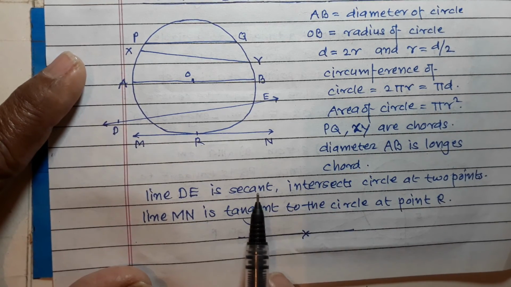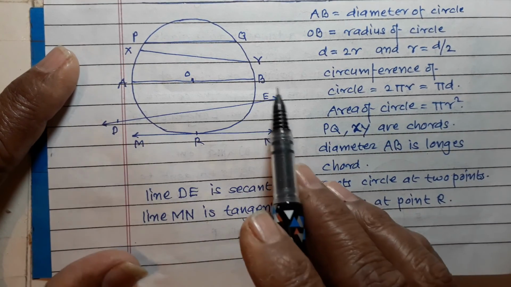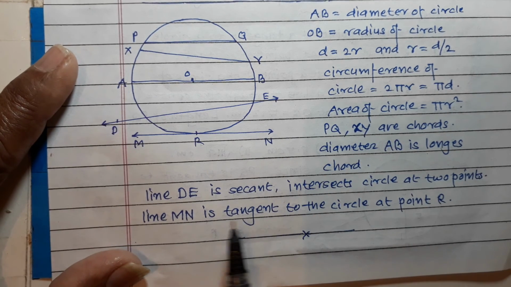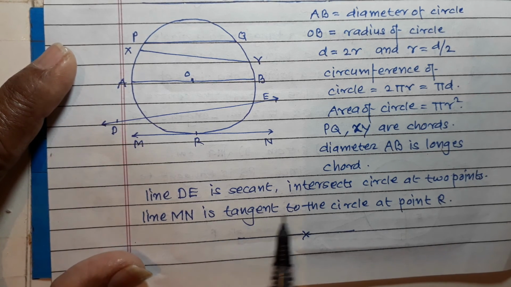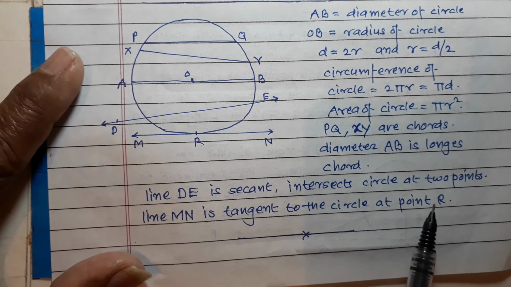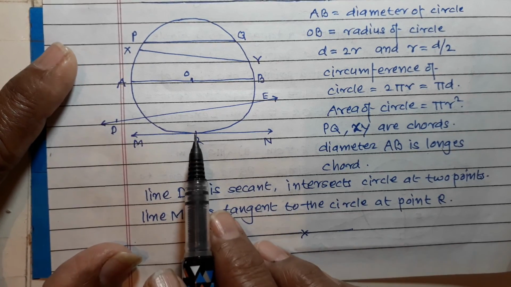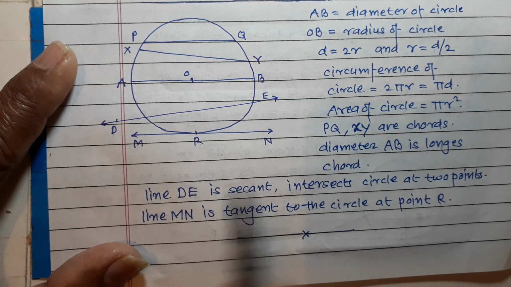Line DE is a secant, intersecting the circle at 2 points. MN is a tangent to the circle at point R, and this is the contact point.